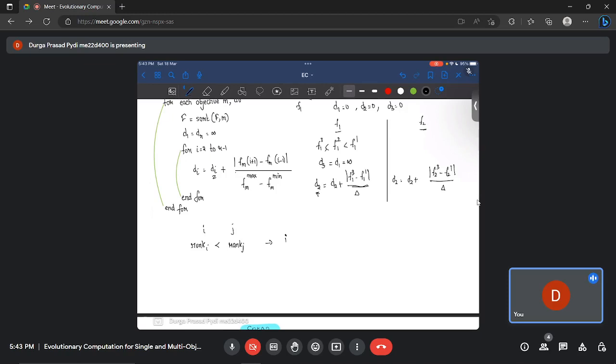If rank of i is greater than rank of j, then you select the jth solution. If both are equal, then you consider the crowding distance. You measure the crowding distance for di and dj, and whichever is greater, like if di is greater than dj, then you select the ith solution. Your aim is to select individuals having lower rank and higher diversity.